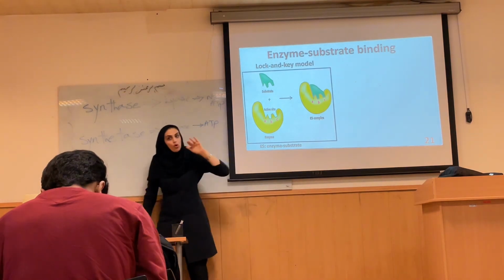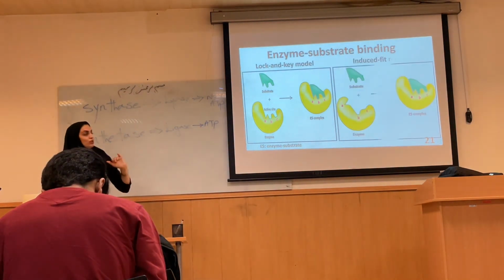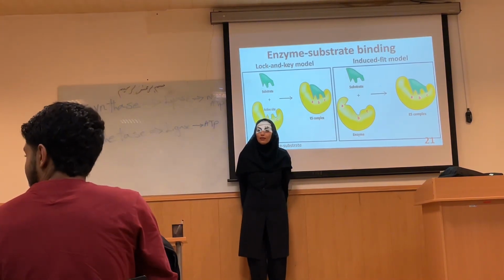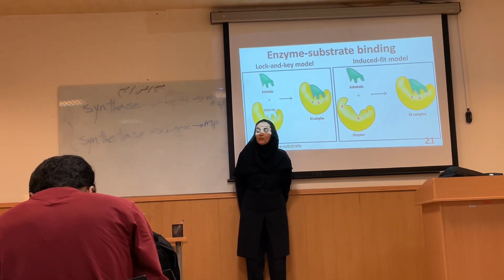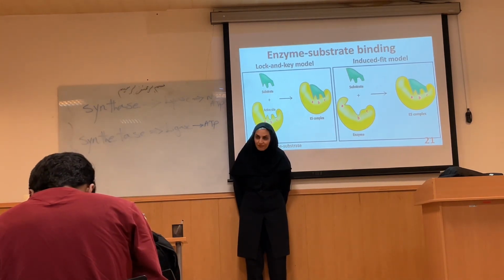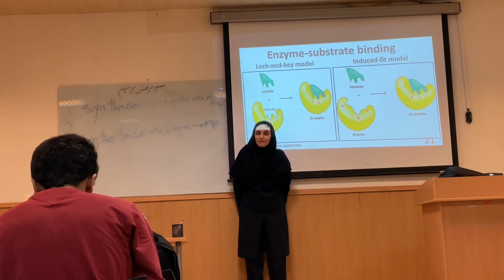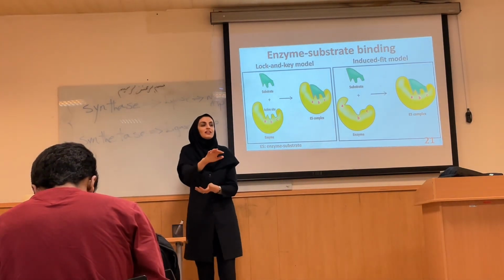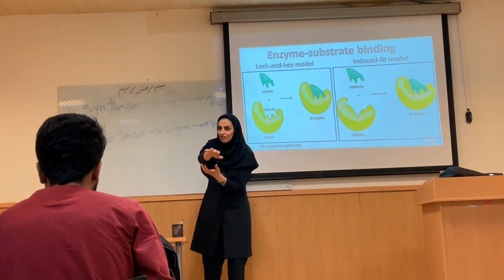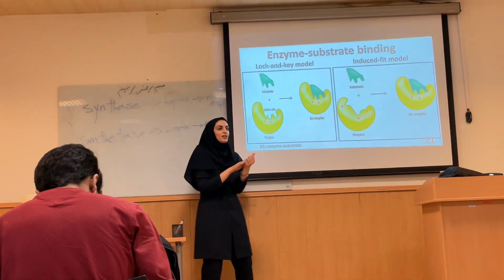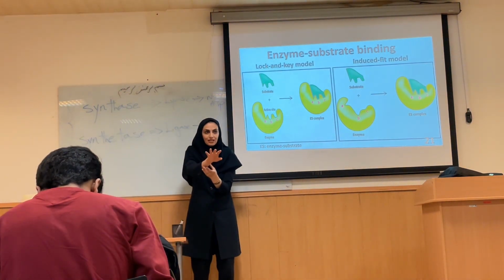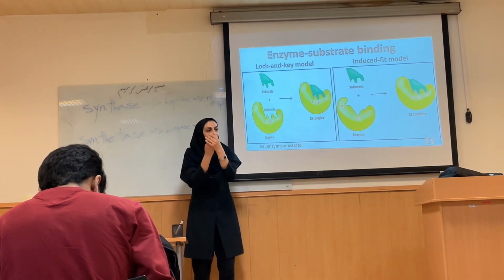But another more acceptable model is the induced fit model. What does it say? The complementary shape of the enzyme and the substrate is different, but the close connection between the enzyme and the substrate will make the active site take a shape that is complementary to the substrate. Did you get the point? Guys, exactly, it is like a glove that you put your hand in. For example, imagine this is a glove that just is here. After that, you put your hand in the glove. The shape of it becomes exactly like your hand.